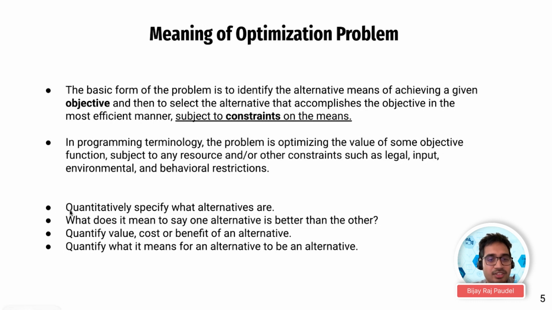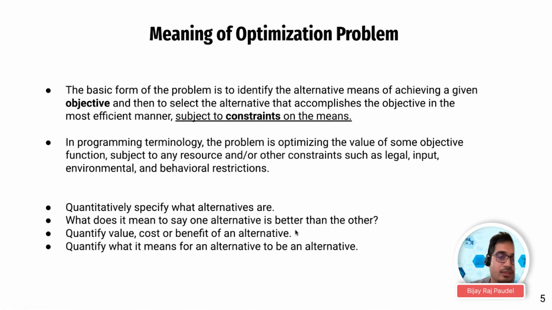So you should have a function that specifies the alternative, and there should be a means to say one alternative is better than the other. It cannot be qualitative or intuitive. You cannot say, according to my intuition, this is better than the other. There should be something measurable, and that should be used as the selection metric.